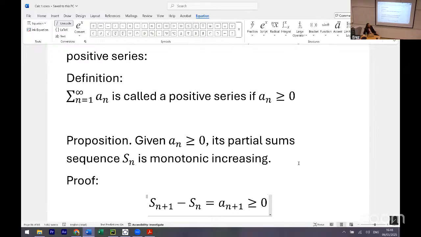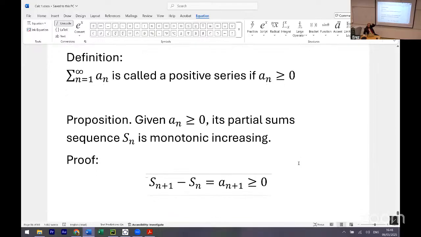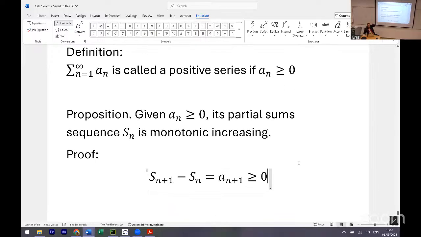It makes sense. I add up non-negative numbers, and so Sn is monotonic increasing. Why is it important for us to notice that? What important theorem did we learn about monotonic sequences?